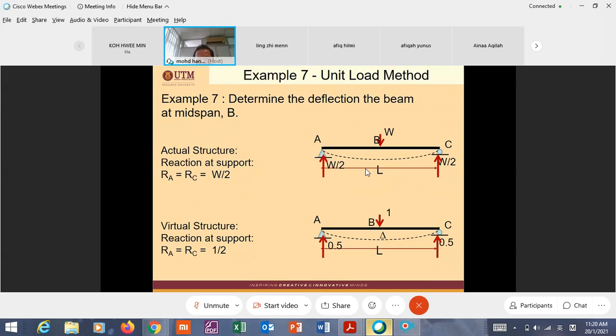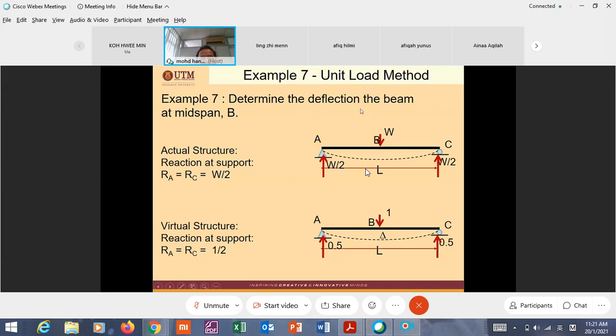Then you can do it yourself, a comparison between each of the three methods for this one point load at the midspan. And you'll find that the final answer will be the same. I hope it can make you understand better.